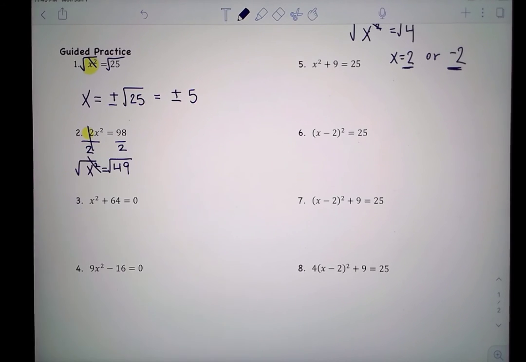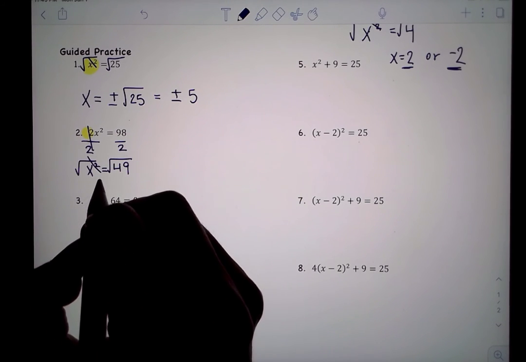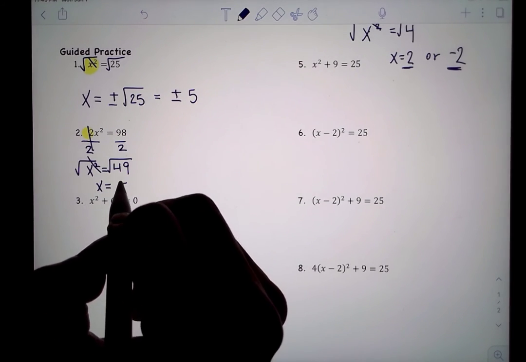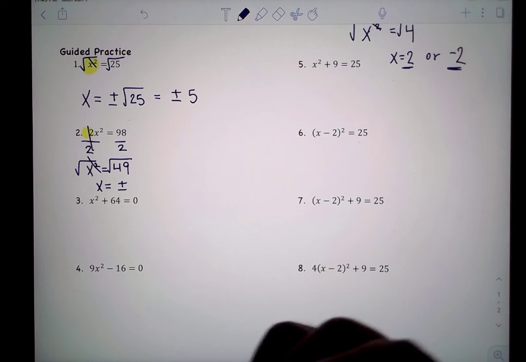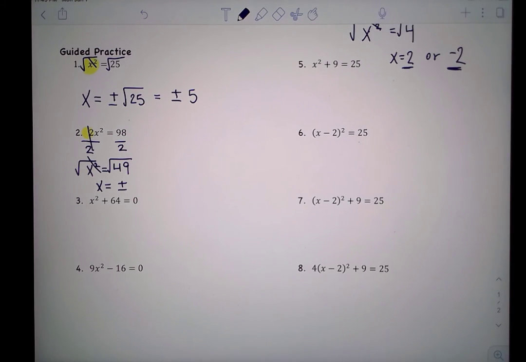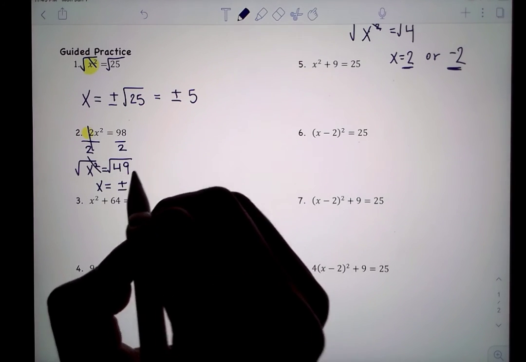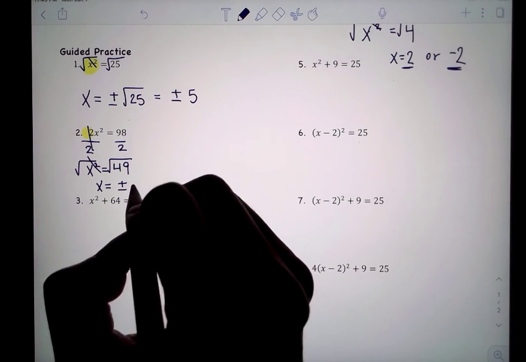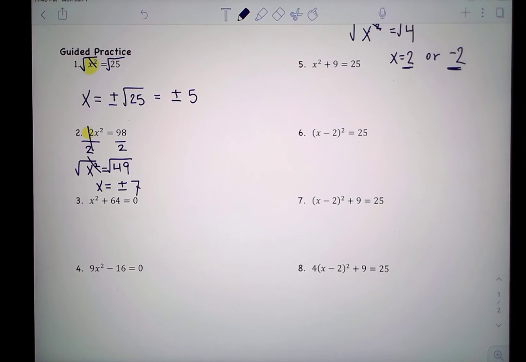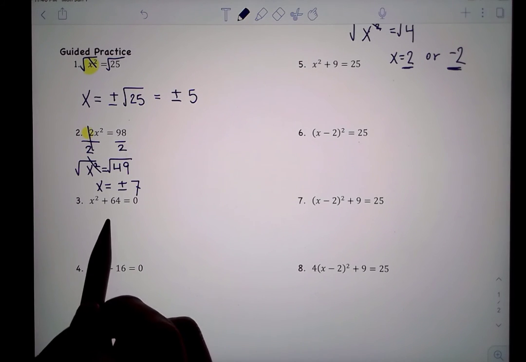Then you simplify this, square and square root are opposite, so when you have those 2 together, you can cancel that out. So you get x equals plus, minus. Don't forget plus, minus. If you take the square root of each side, always you should have plus, minus. And what's the square root of 49? That's 7, right?